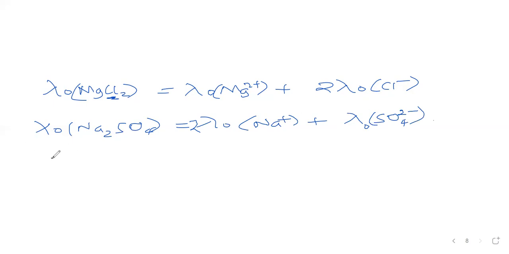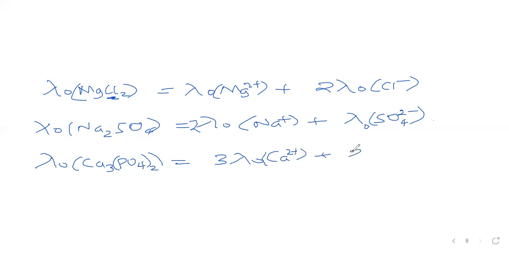If I want the molar conductivity at infinite dilution of calcium phosphate, it will be thrice the molar conductivity at infinite dilution of the calcium ion plus twice the molar conductivity at infinite dilution of the phosphate ion, due to the 2 phosphate ions and 3 calcium ions I do have here.